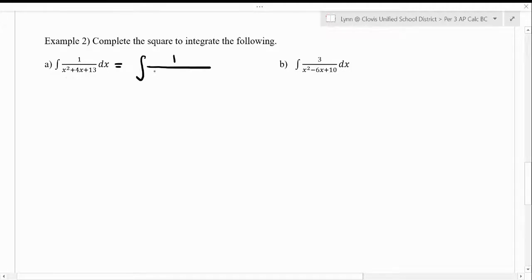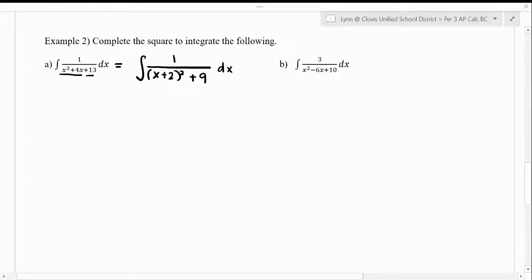And so I know that I have x squared plus 4x, so I start with that piece there. And so that will give me x plus 2 squared, right? Because that would be the x squared plus the 4x. And then when I distribute that, I would get 2 times 2, which is 4, but I don't want 4, I want 13. So I would need to add 9.